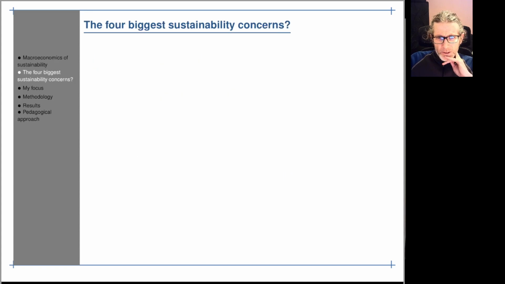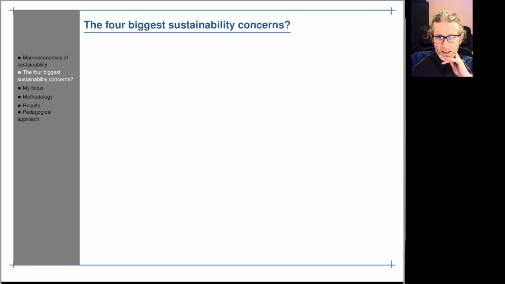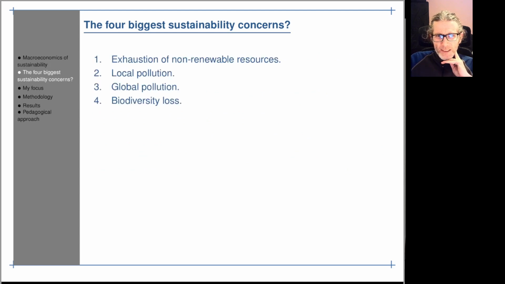Okay, so what are the four biggest sustainability concerns related, as I said, to environment and natural resources? Well, that is of course debatable, but I've made this list.